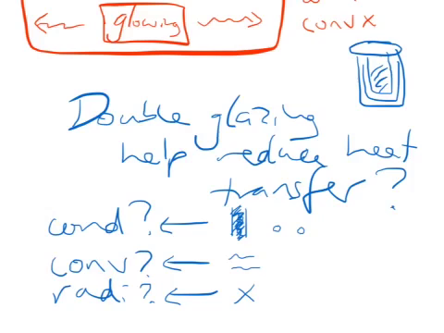Now, you could improve your double glazing and make it harder for radiant energy to get lost if you coat it, and they do this on some buildings, with a very thin amount of some reflective metal. For example, gold. If you had little gold particles, and they do this on the space shuttle, on the astronauts' visors, you can see that they have that shiny golden visor, which is a heat shield.